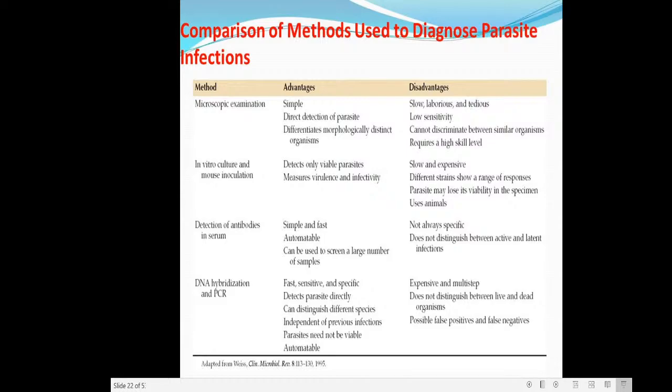With the microscope we can see the cell structure. If you want to check any drug effect, that is checked by diagnosis in an animal, the mouse. Antibody detection, as I told, is for example a COVID detection kit. And DNA hybridization and PCR are helpful for protein finding.